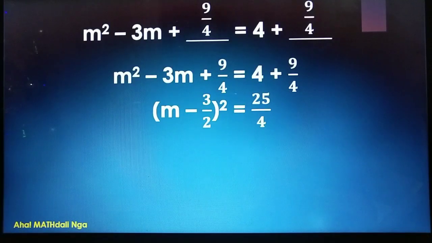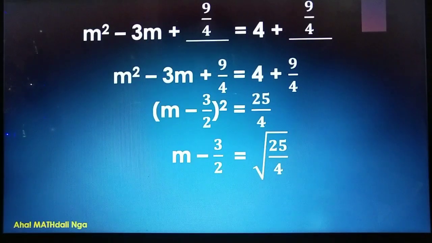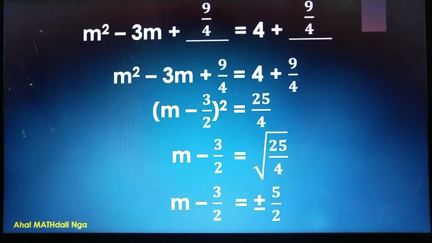Then, we will add 4 and 9 over 4. 4 plus 9 over 4 is equal to 25 over 4. Next, we will extract the square root of the right side of the equation. So we have m minus 3 over 2 equals the square root of 25 over 4, which is positive or negative 5 over 2.